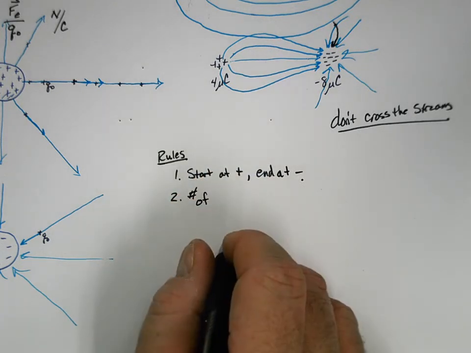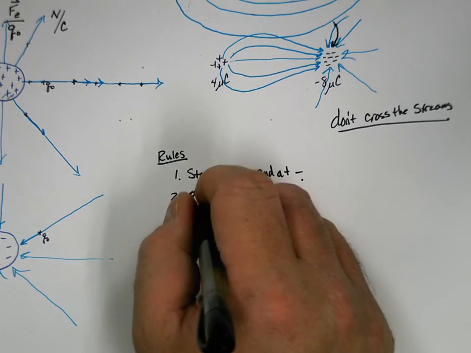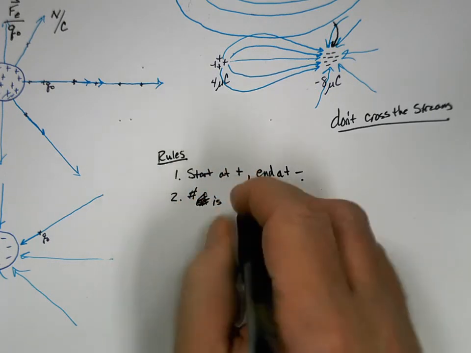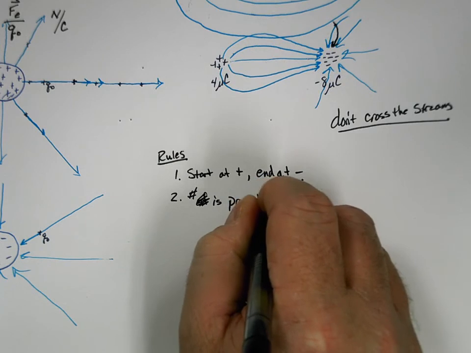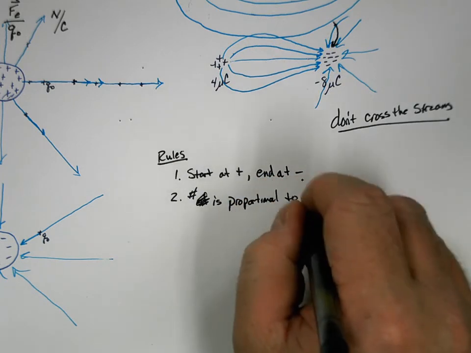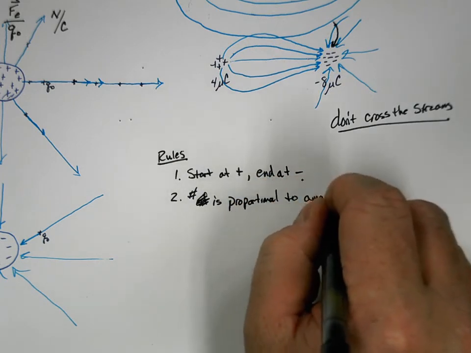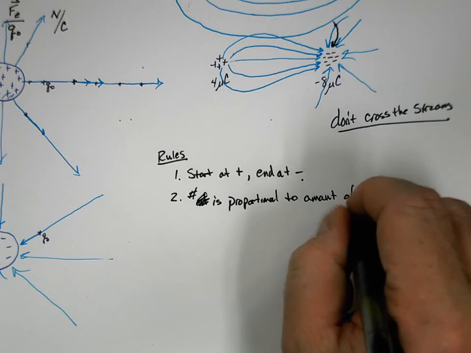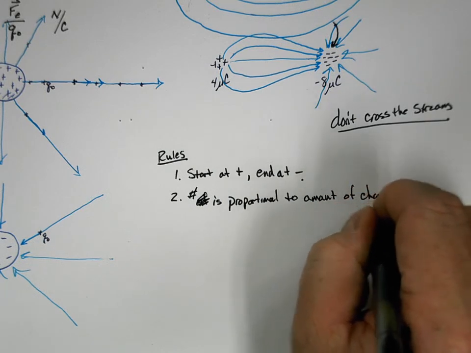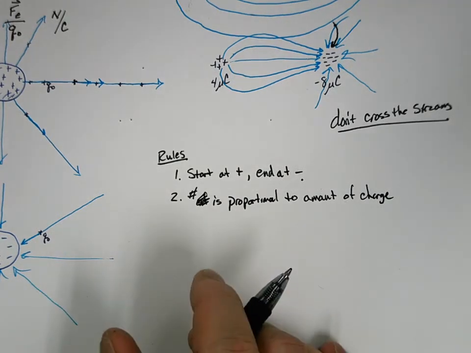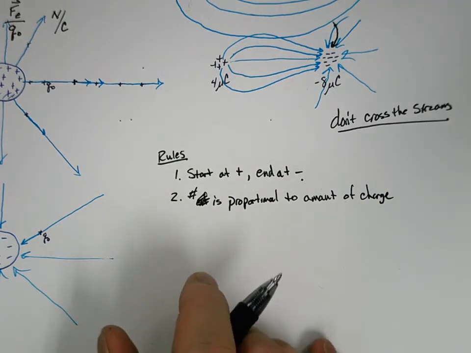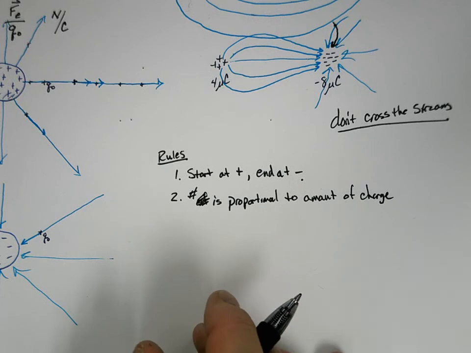The number of field lines is proportional to the amount of charge. All right, and the mutual proportions, they can be arbitrary.